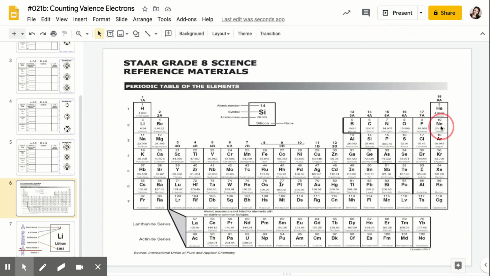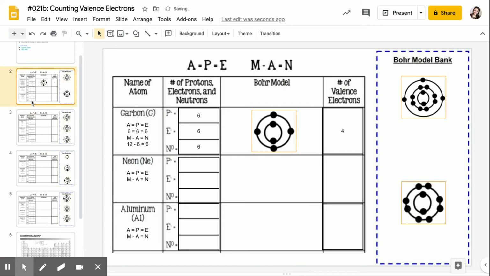Neon has an atomic number of 10, and it has a mass number of 20.1, which rounds to 20. So atomic number of 10, so that means I have 10 protons, and I have 10 electrons. And then my mass number is 20. I'm going to subtract my atomic number, which is 10, to get 10.